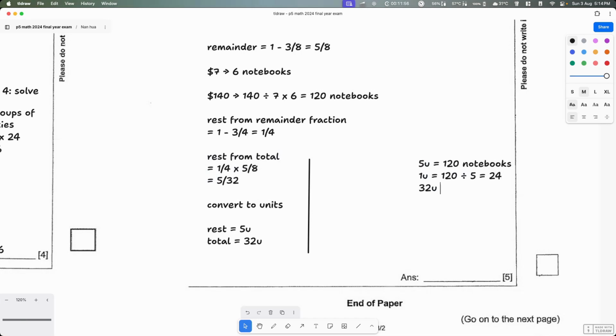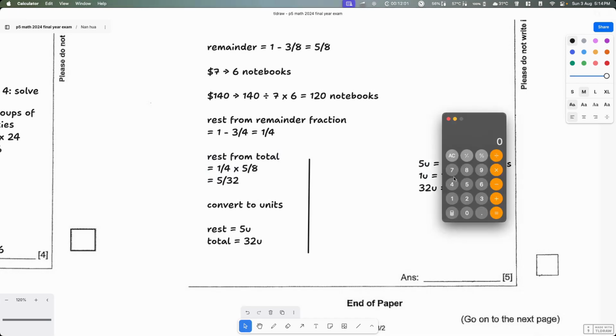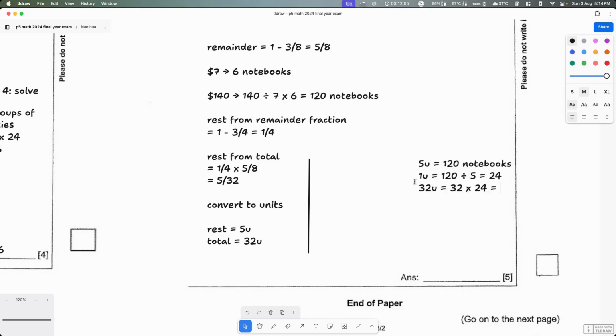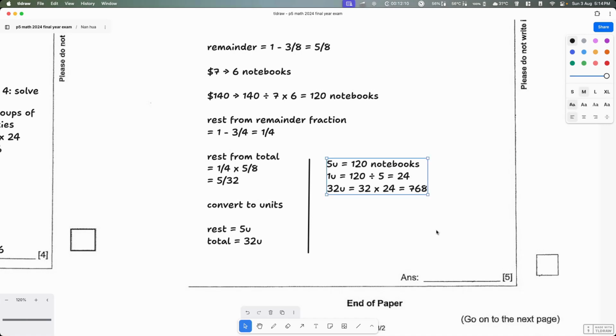Then 32 units is equal to 32 times 24, and this will give us 768. There you go, 768, and that's the answer.